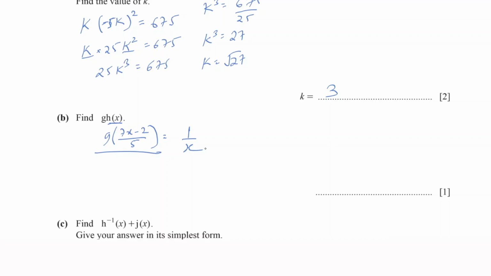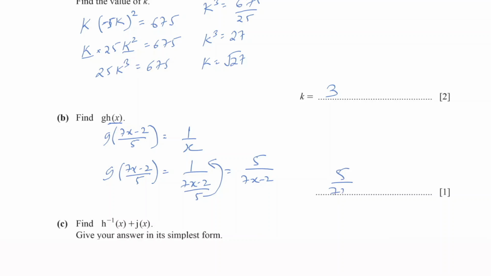So in place of x I have to put the value of h of x, which is 7x minus 2 divided by 5. Then this 5 goes up and 7x minus 2 remains down. So this is our final answer, 5 over 7x minus 2.